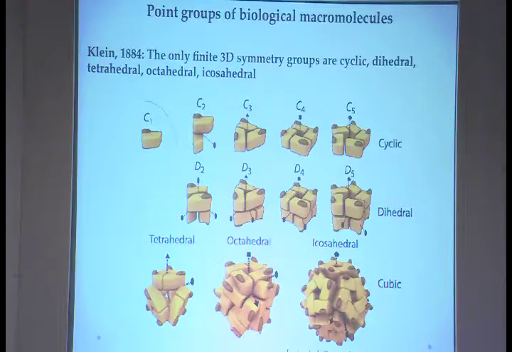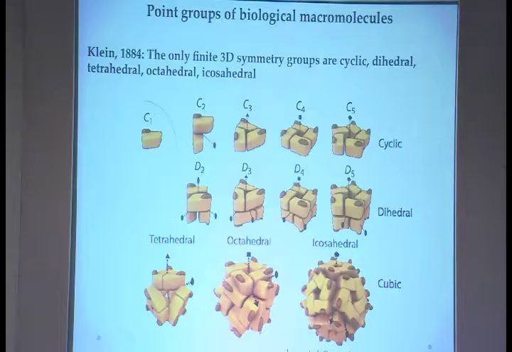So the cyclic point groups for biological macromolecules are all represented by C and a number. The number is your rotational axis. And C1, again, means an identity operation, meaning that you are not really doing anything to it. It's completely asymmetric.